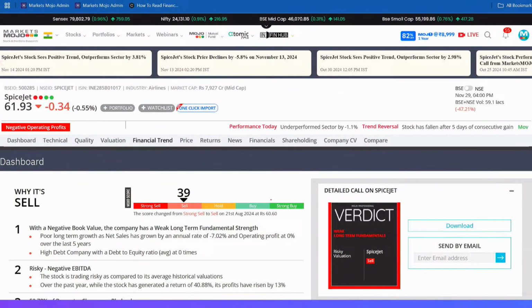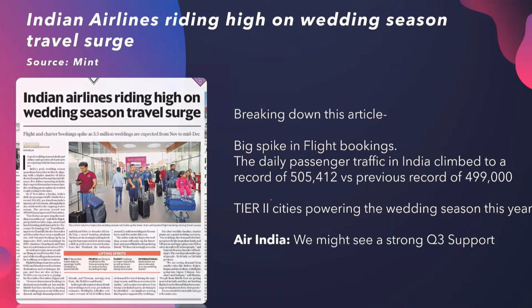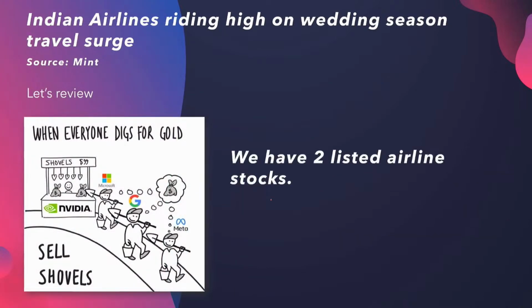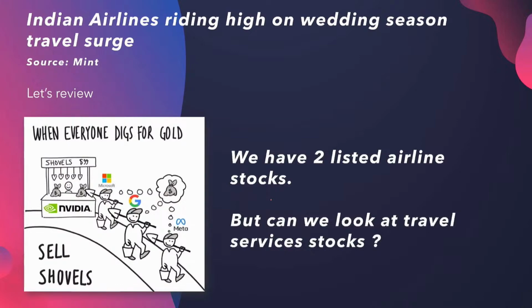What should I do with this article? I would like you to think alternatively. I'm picking this particular screenshot of Nvidia. When everyone digs for gold, you could look at selling shovels. The main reason is that when the airline sector is doing well, instead of hunting airline companies, why can't we look at travel services stocks, like MakeMyTrip or Ixigo?